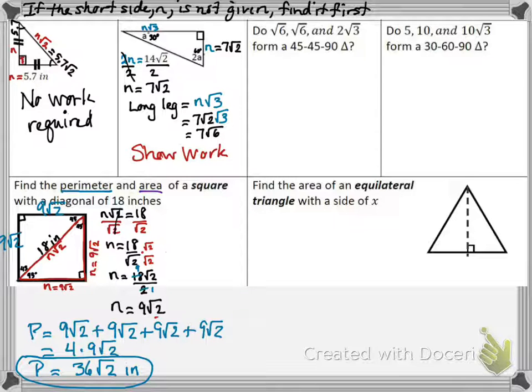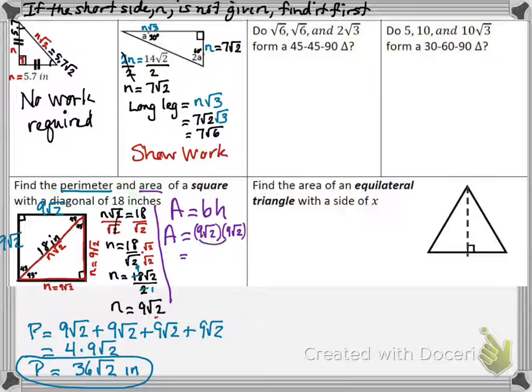I also need to find the area. And the area of any rectangle is the length times the width, or the base times the height. In this case, my area is a base of 9 root 2 times the height of another 9 root 2. Or some people would say in a square, it's just the side squared.